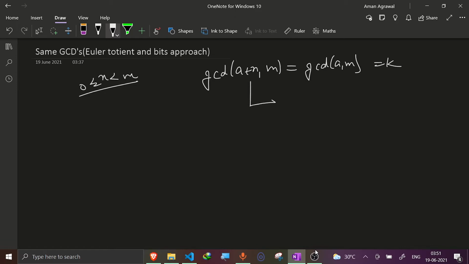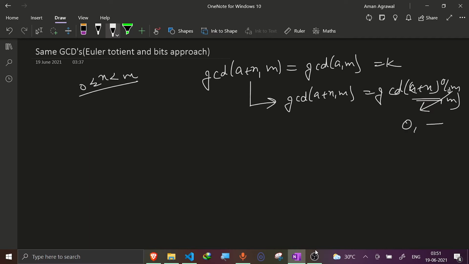Basically, by this I can also say that GCD of (a plus x, m) is equal to GCD of ((a plus x) modulo m, m). Now, for any number after taking its modulo with any integer, we get all the numbers from 0 to that mod minus 1.